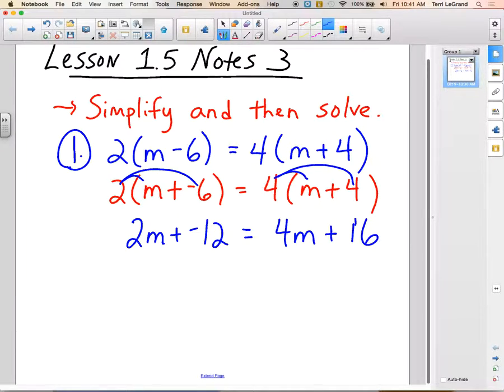Okay. Do we have any other simplifying to do? In other words, when you look on the left side, are there any like terms that can be put together? Cody says no. Do the rest of you agree with them? Yeah. Okay. And when you look on the right side, are there any like terms that have to be put together? No. So we're done simplifying, aren't we? We're ready to solve. Okay.